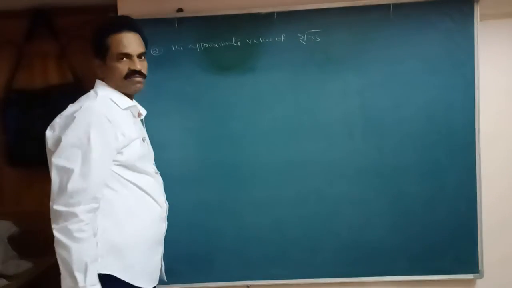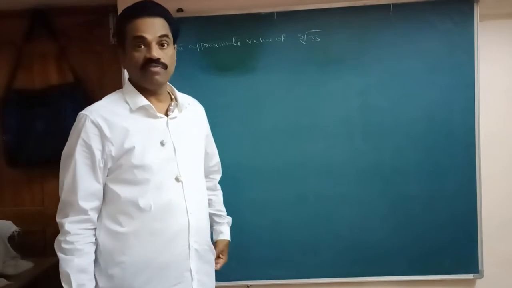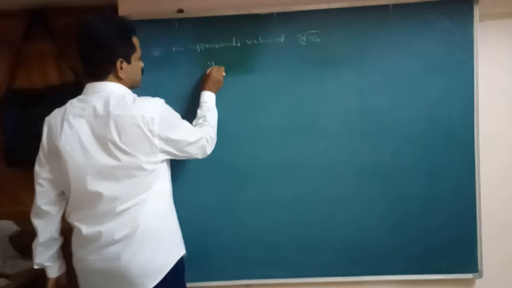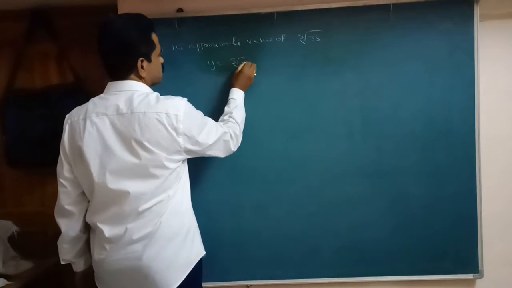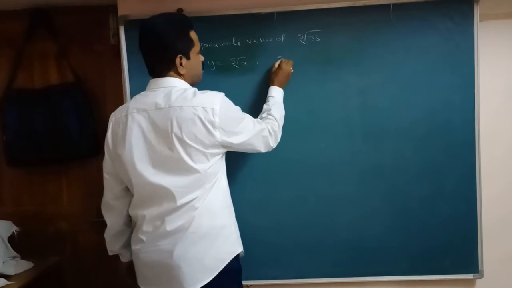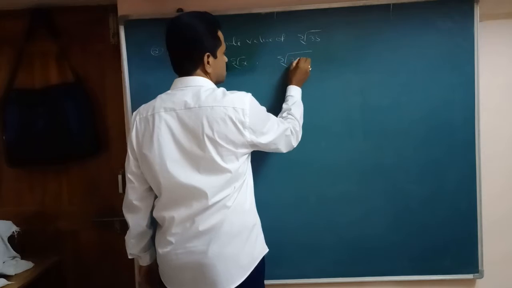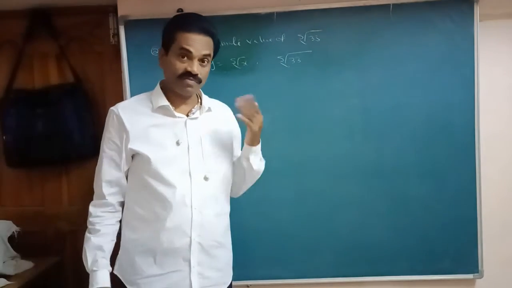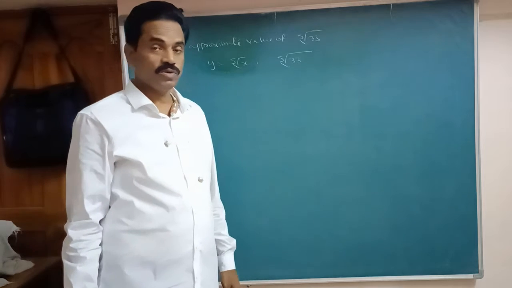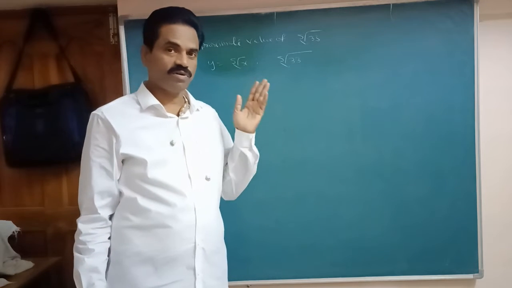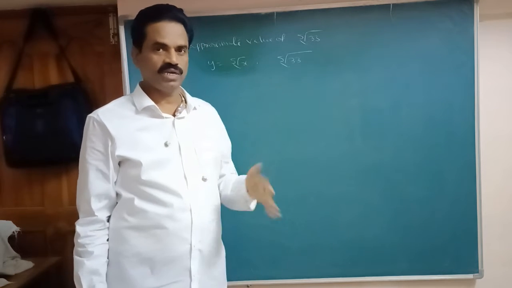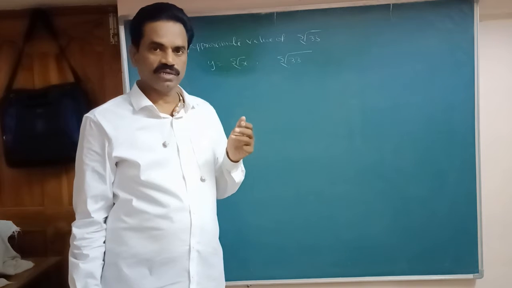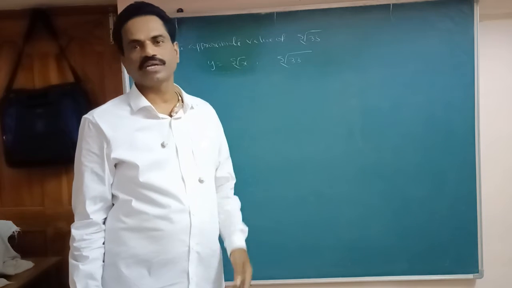So first identify the function, fifth root x. Here fifth root 33, I am taking the nearest perfect power, power 5, since 1 by 5 is there. Power 5 of 1 is 1 only. You take 2: 2 square, 2 cube, 2 power 5 is 32.